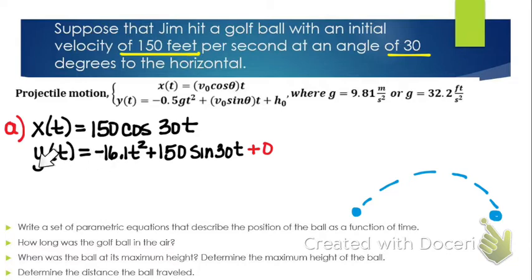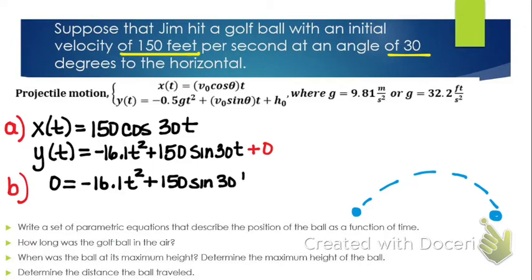So I'm going to use this equation to solve for t. So let's take this equation for part B. And I have 0 equals negative 16.1 t squared plus 150 sine 30 t.